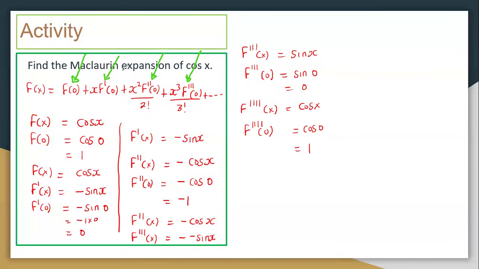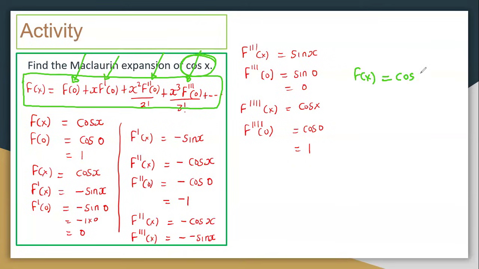When we are expressing something in a Maclaurin's series, this is the series we follow when we are expanding. Whenever you are given any function, for this case, our function is cos of x.